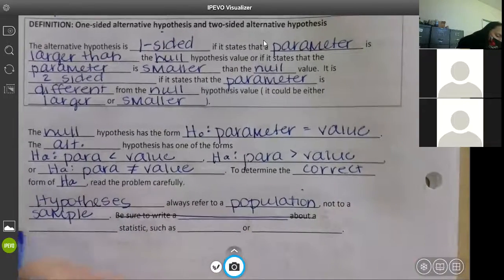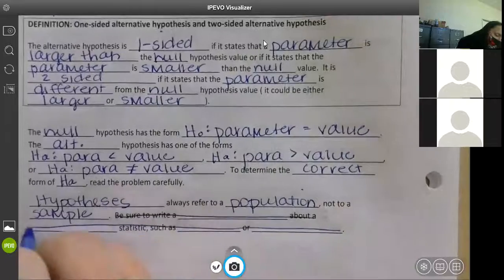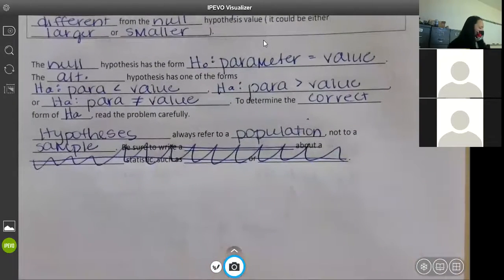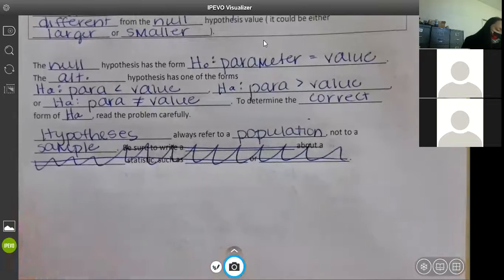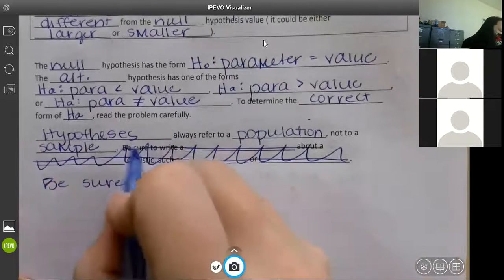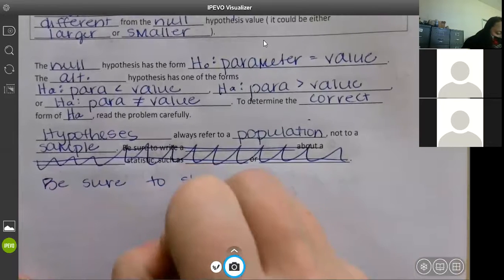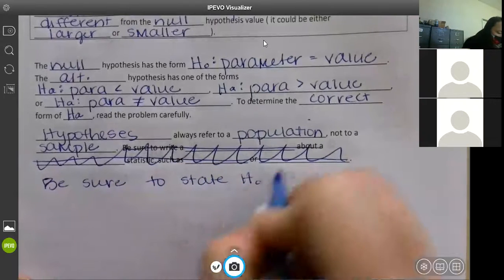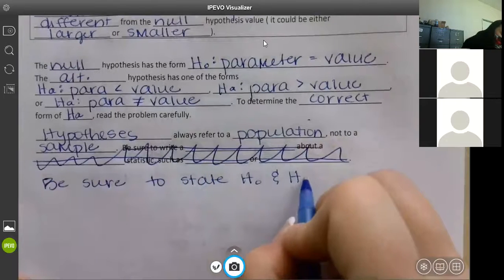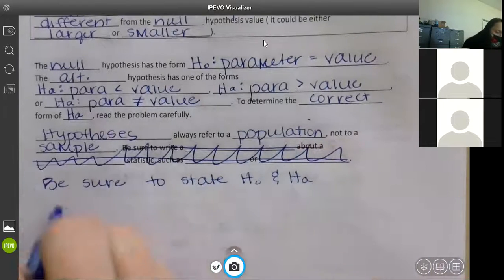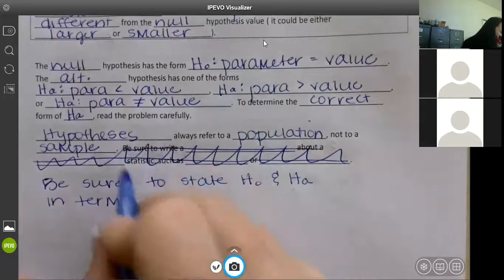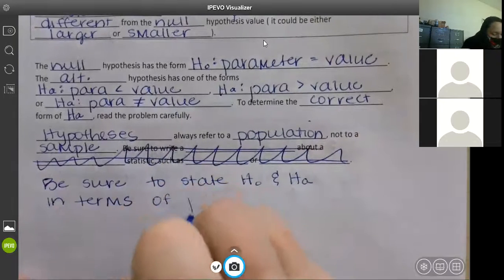We're not doing this. That's exactly what I was just saying, so it's not important. So be sure to state your null and your alternative hypothesis in terms of the population parameters.